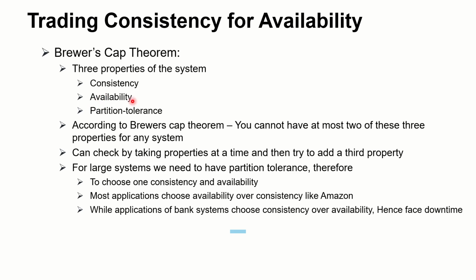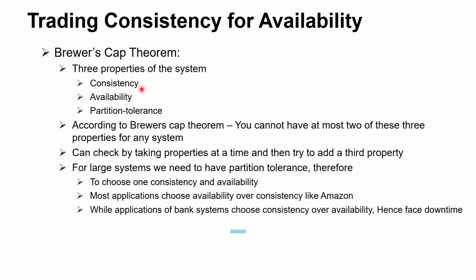If our system has high availability and high partition tolerance, then we are unable to handle the consistency constraint. So at any point of time we can have any two of these properties but are unable to have the third property, that is Brewer's CAP theorem.